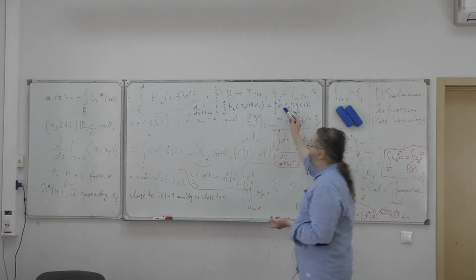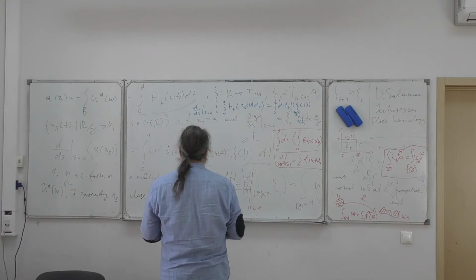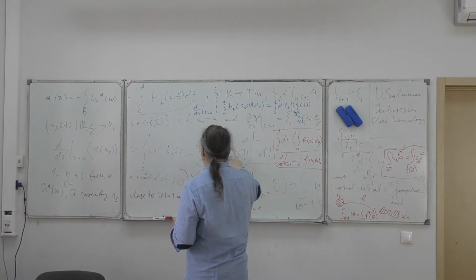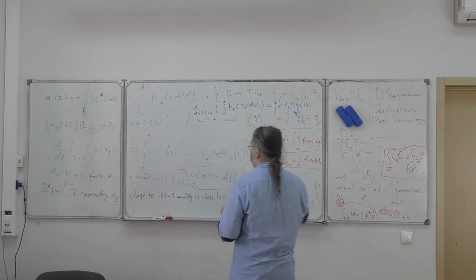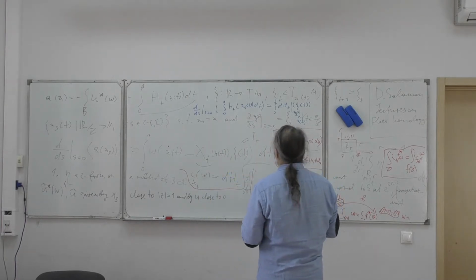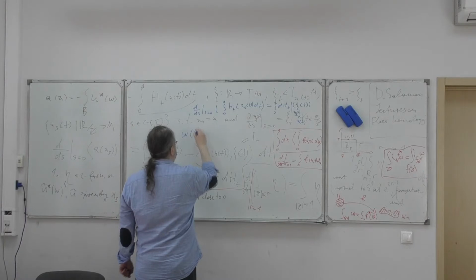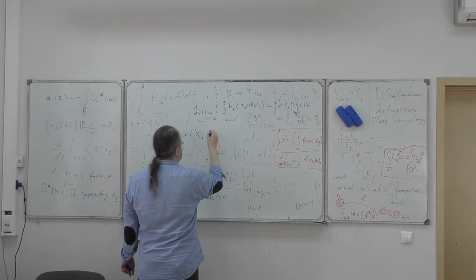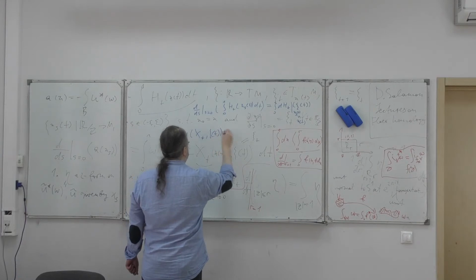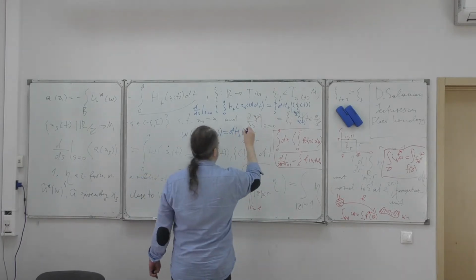Well, and then we use this formula: omega at x of t applied to psi of t is the same as dh of t applied to psi of t.